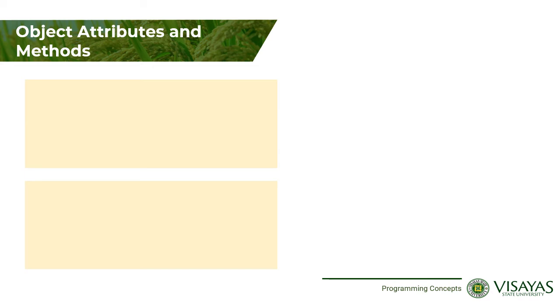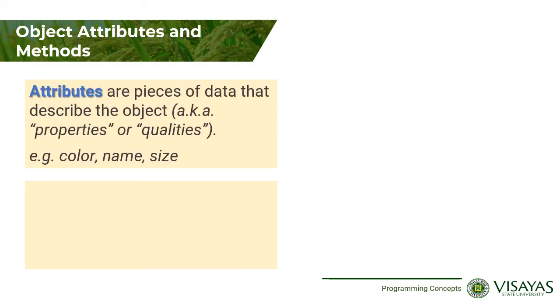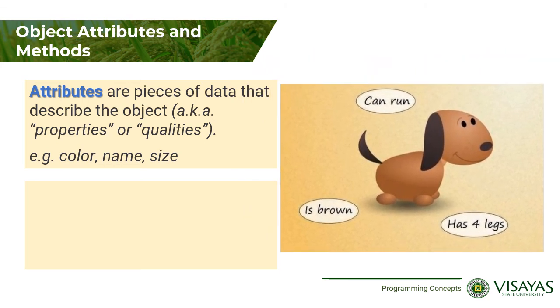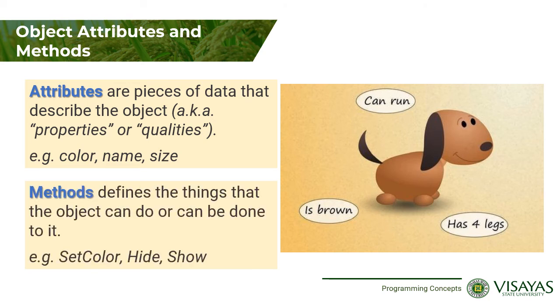Speaking of attributes and methods, when we say attributes, we refer to the pieces of data that describe the object. For example, we have color, name, and size as object attributes. On the other hand, methods define the things that the object can do or can be done to it.